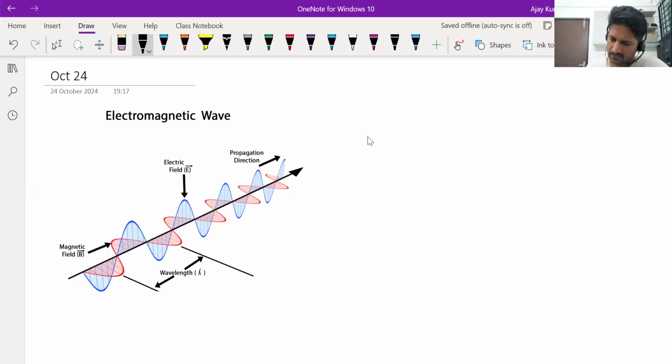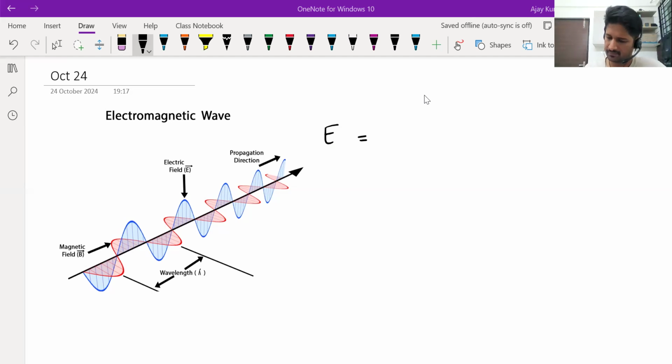Can one of you tell me the equation for electric field in an electromagnetic wave? General equation. Suppose the wave is propagating in the positive x direction. How do you write the equation for the electric field of that electromagnetic wave?